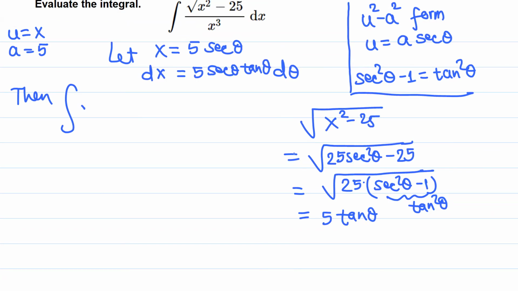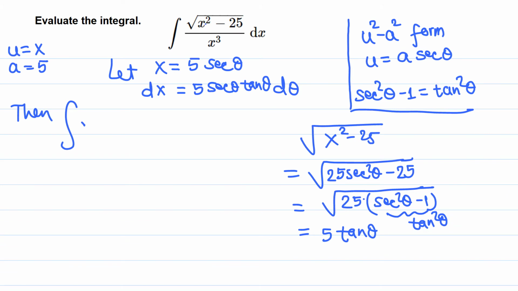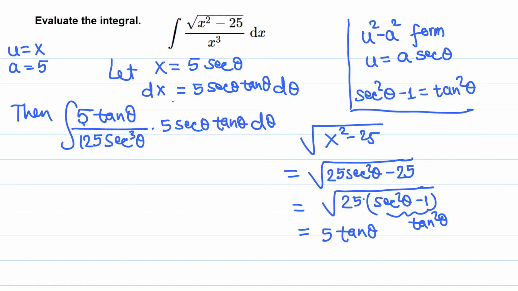So for this integral, the square root of x squared minus 25 is 5 tangent theta. 5 tangent theta on the top, all over x cubed, which means 5 secant theta cubed. 5 cubed means 125 secant cubed theta, times dx, and dx is 5 secant theta tangent theta d theta.